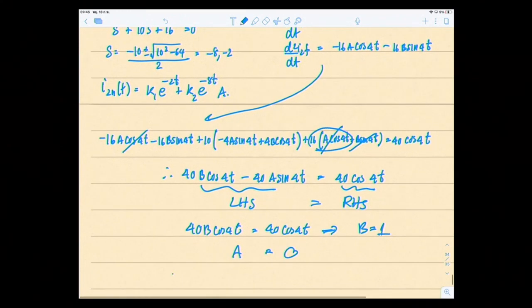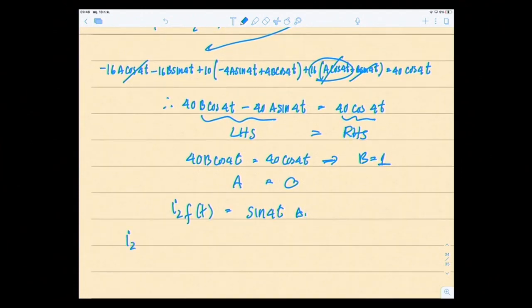So therefore your I2f of t consists of only b, so you have b equal to 1, so you have only sin 4t. So your solution I2 of t consists of the sum of the natural response and forced response, so you get sin 4t + k1 e^(-2t) + k2 e^(-8t).